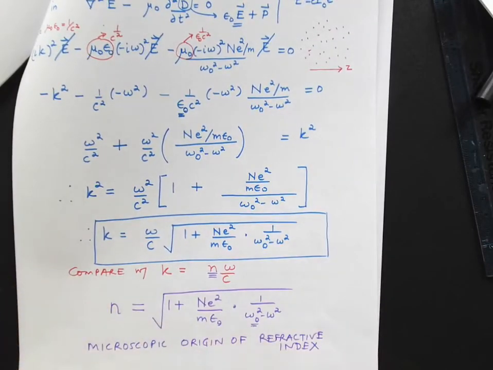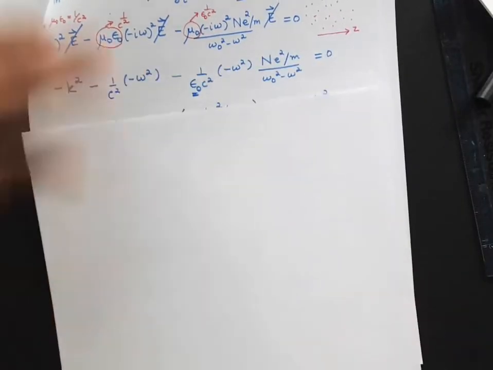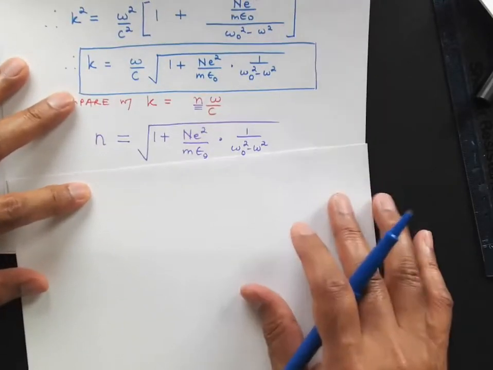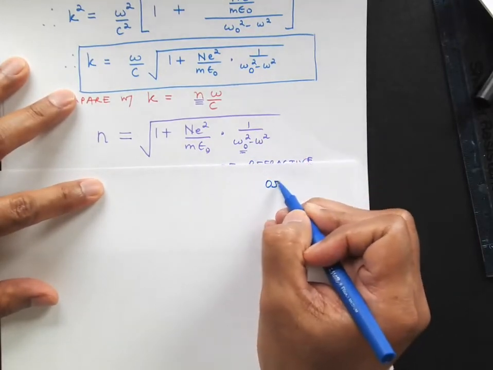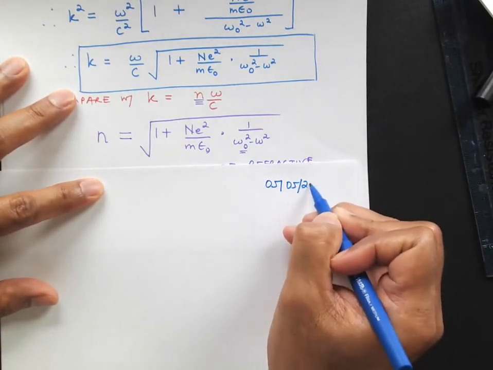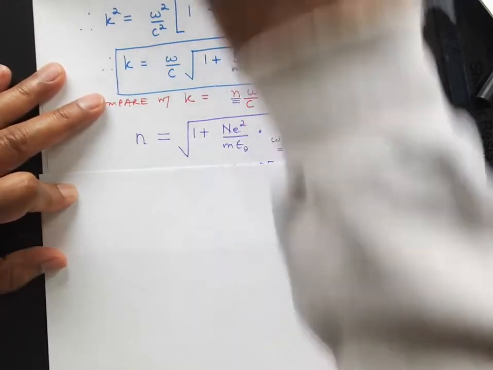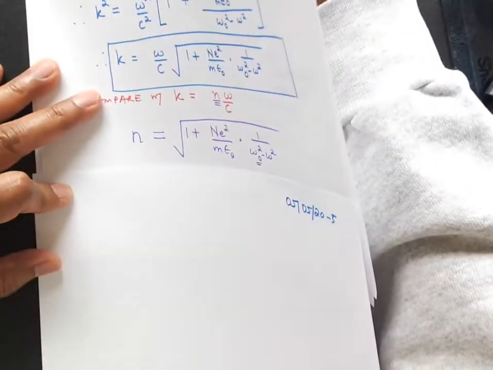And what I want to do is plot it. Okay, so let's see what we get. Here's the formula, and this is 05, 05, 25.